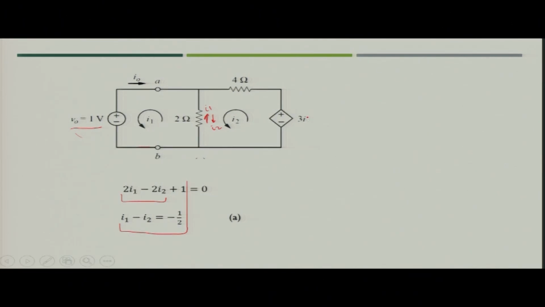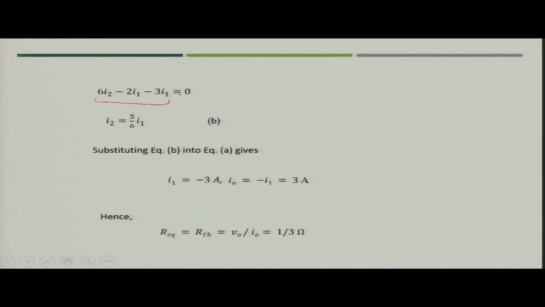So, this has now become I1, because if we connect the inductor here, the current flowing in the inductor would be I1. So, here the value of the dependent current source would be 3 I1. So, this we have got now. When we solve, I2 will be 5 by 6 I1.